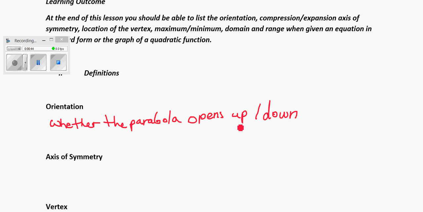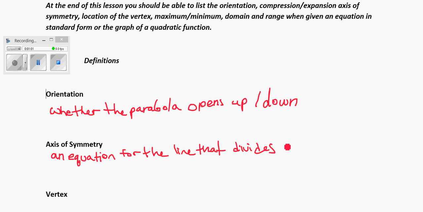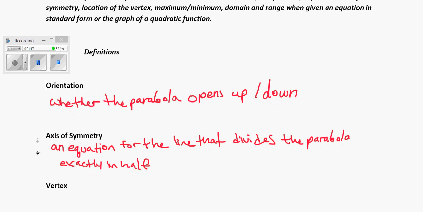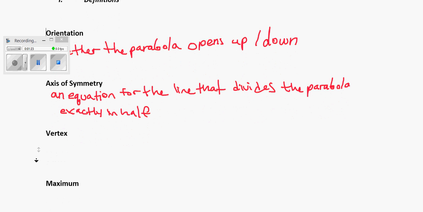The axis of symmetry is an equation for the line that divides the parabola exactly in half. And don't worry too much right now if you're not totally sure what these mean, because we will be doing some examples with graphs for each, so it should become a lot more clear after that.